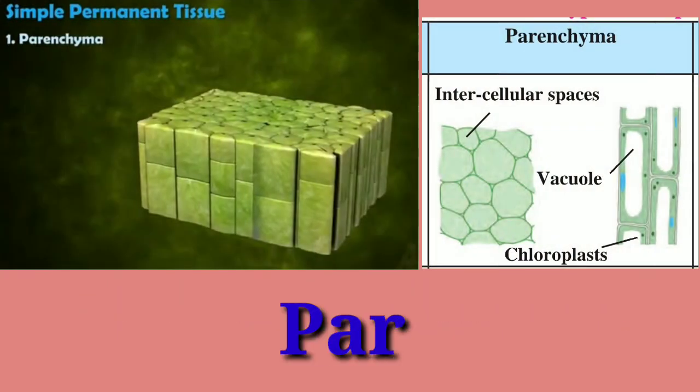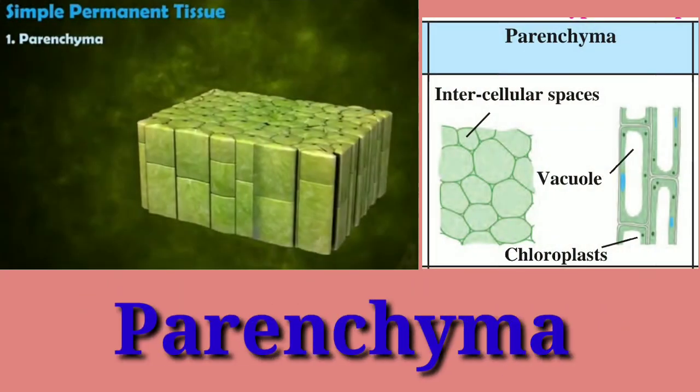First one is parenchyma. They are living cells with thin cell wall and intercellular spaces. They are present in all parts of plants like roots, stem, leaves, flowers and seeds. The function is to support, storage of food and filling the vacant spaces.